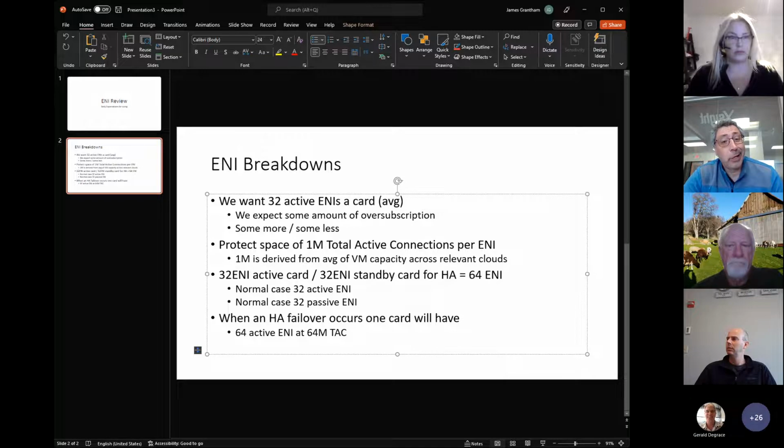And so the last implication is, I'm not sure how deeply we've gotten into HA with this group yet, but when an HA failover occurs, that means that the 32 active ENIs on your partner card move over to what becomes the primary now after a failover, and one card may inherit 64 active ENIs with 64 million total active connections.